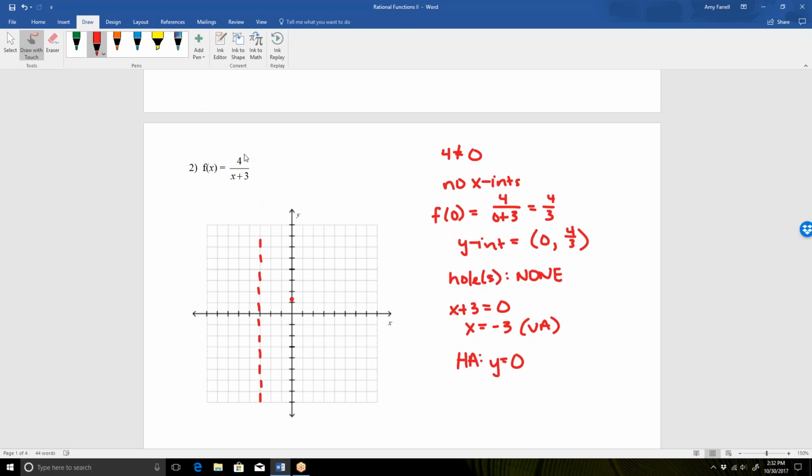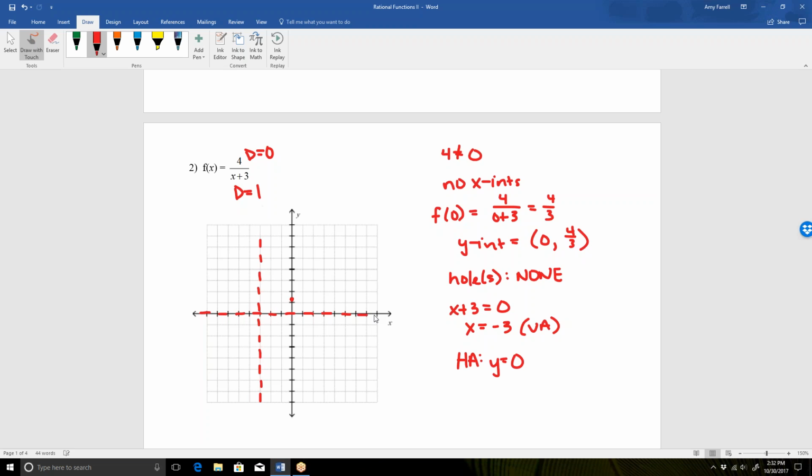This is because the degree of the numerator is smaller than the degree of the denominator. The degree of the numerator is 0 because we do not have a variable. The degree of the denominator is 1. Anytime the degree of your denominator is larger than the numerator, then y equals 0 will be a horizontal asymptote.